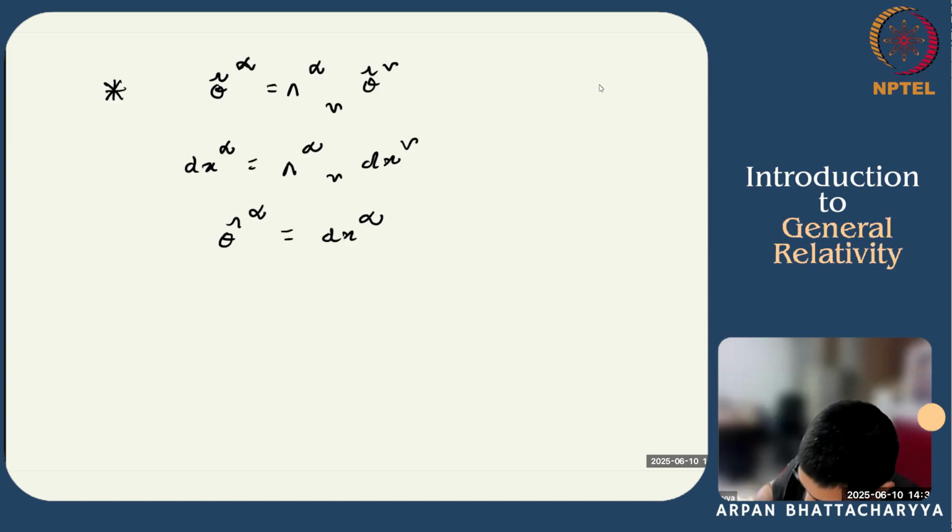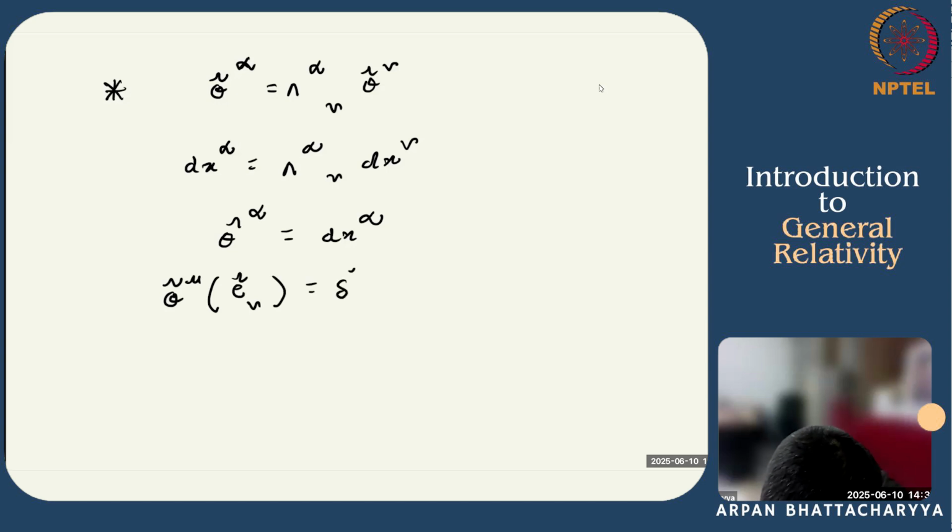And remember that we are working with the particular choice such that theta mu and e mu give delta mu. So then this gives the following if you work in the coordinate differential.